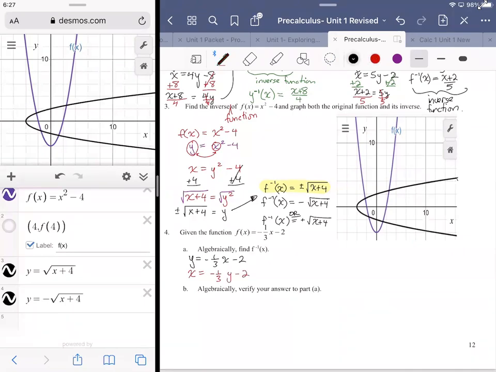Solve for y. So I'm going to add 2 to both sides. So x plus 2 is equal to -1/3 y. Then if I want to get y alone, I'll just multiply both sides by -3. Clears out that denominator. You could also divide both sides by -1/3.